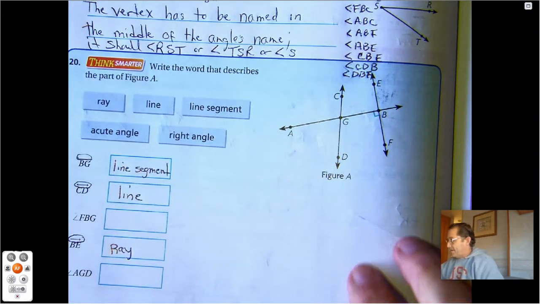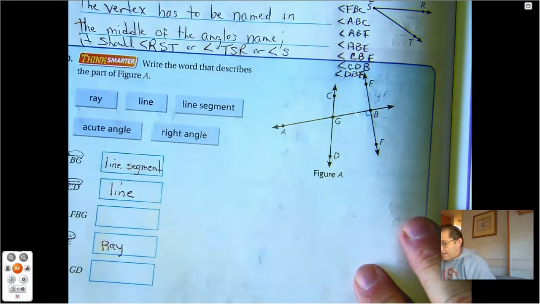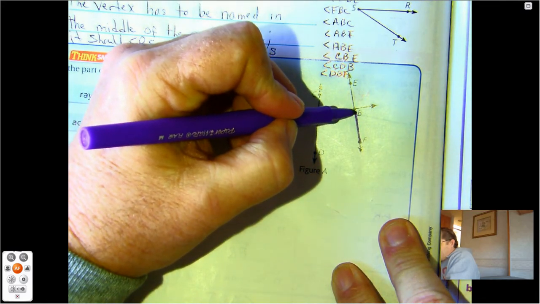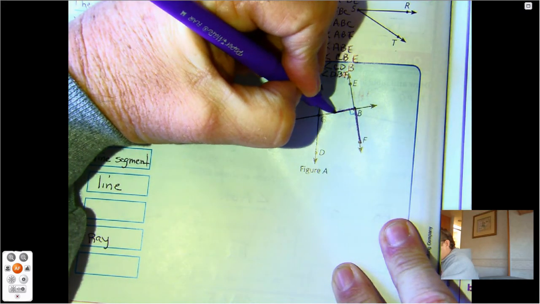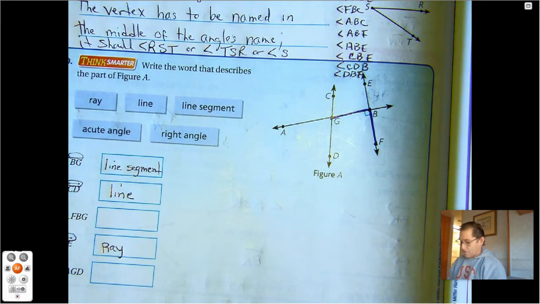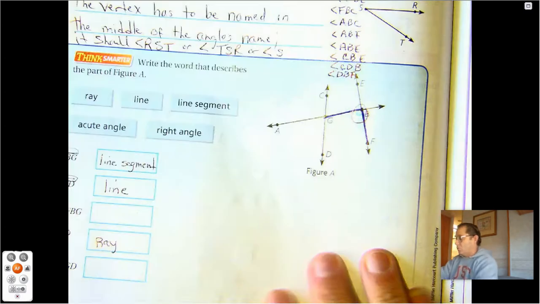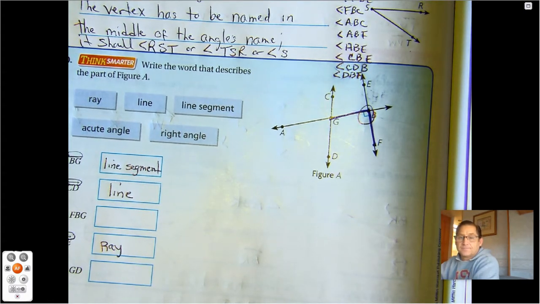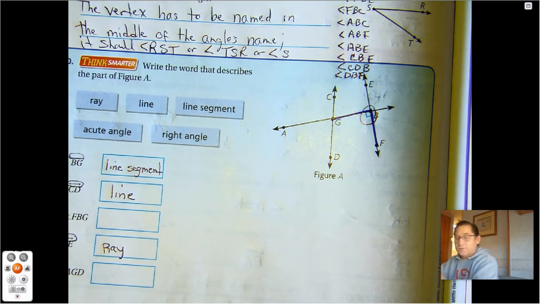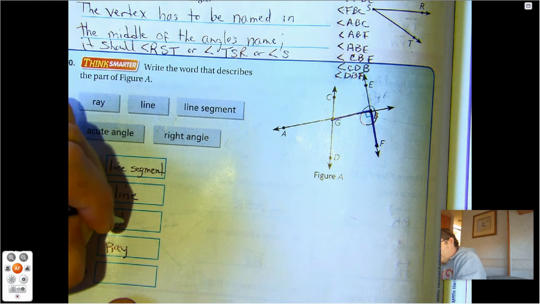Angle F, angle FBG. Okay, well, what do I see at the corner of B? I see the blue square, so that makes that a right angle.